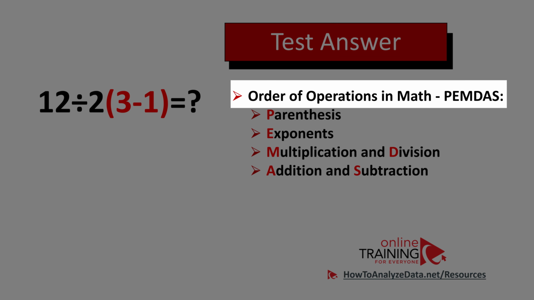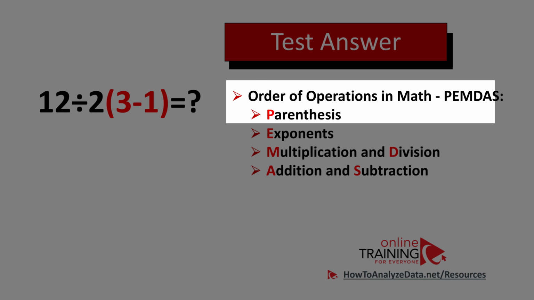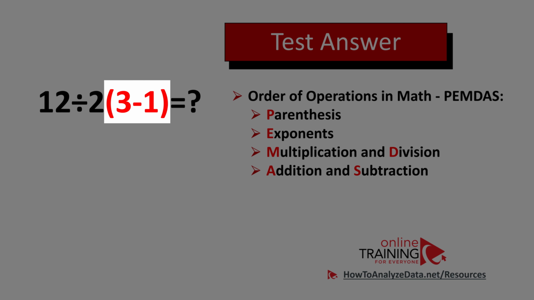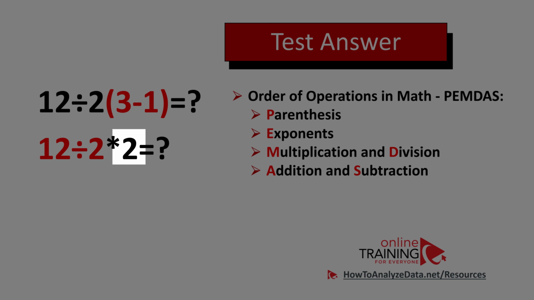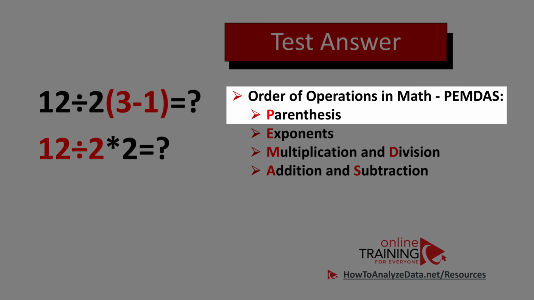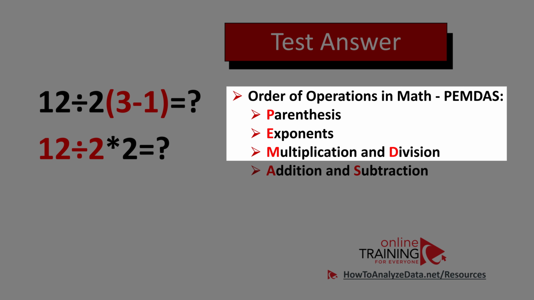The order of operations in math tells us that the first expression we need to solve is in parentheses. We first need to calculate 3 minus 1, and obviously the answer is 2. The big question is, what do we do next? The order PEMDAS tells us that we need to do multiplication and division, but what the order doesn't mention is that we need to do it from left to right.